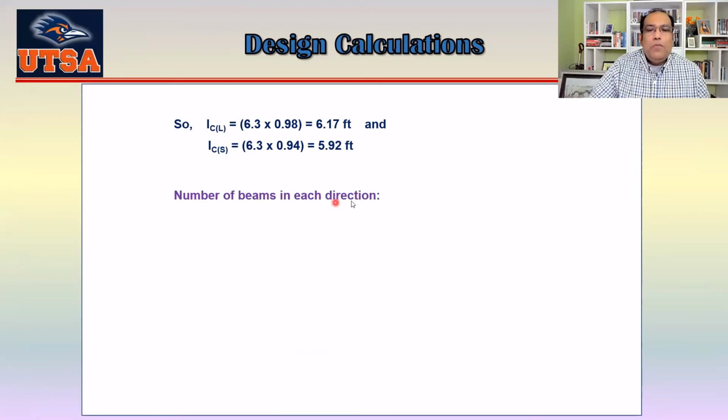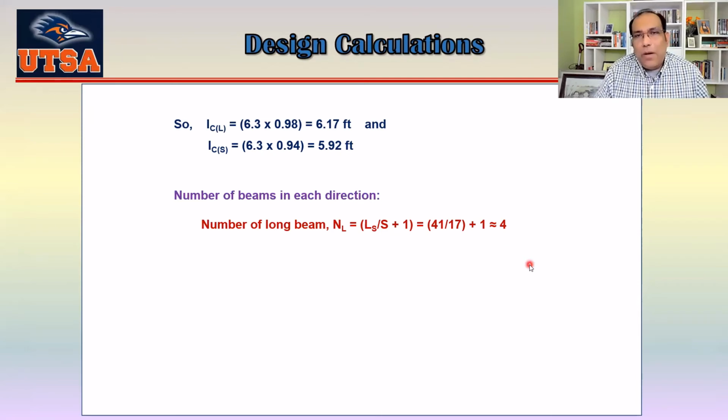Now, number of beams in each direction. First of all, let's start with the long direction. The maximum spacing is 17 for our case. So we have LS, 41 divided by 17, plus 1. Always make that a round number, because your number of beams cannot be a fraction.